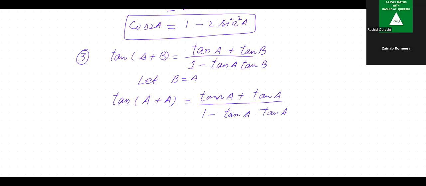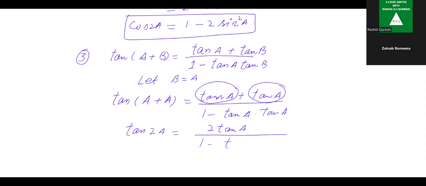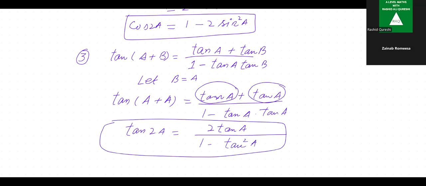The tan of 2A is equal to 2 times tan of A. Why 2 times? Because this is a tan of A, this is a tan of A, both the same terms are adding. Divided by 1 minus tan square of A. So that is the third expansion of the tan.